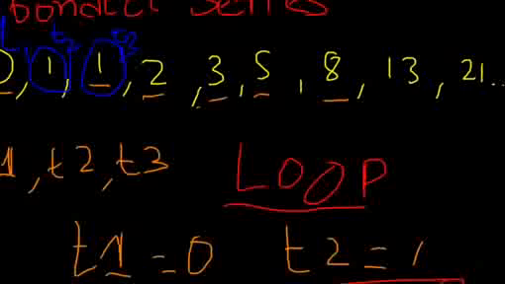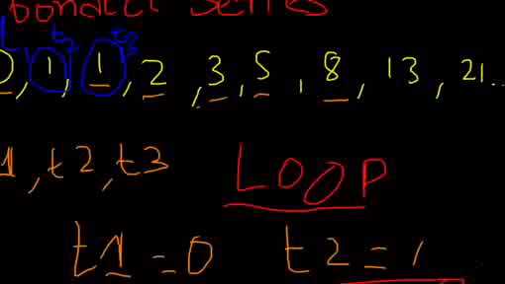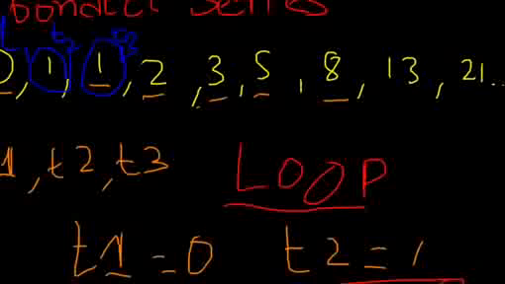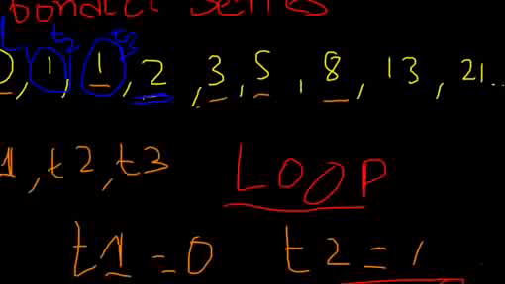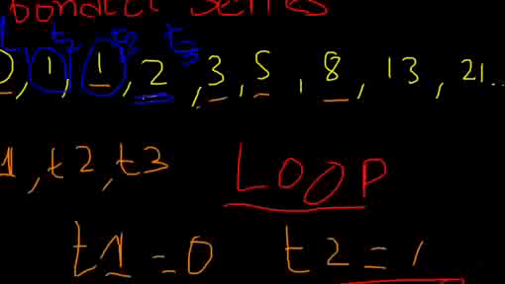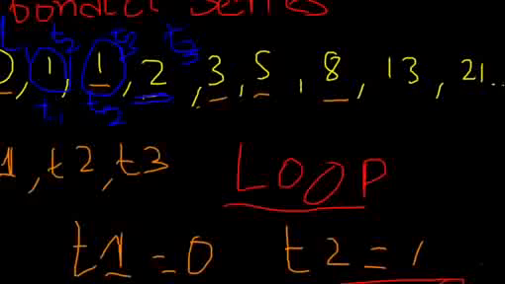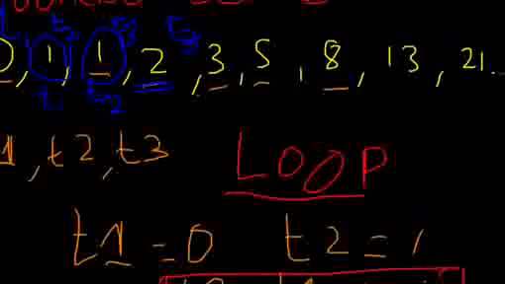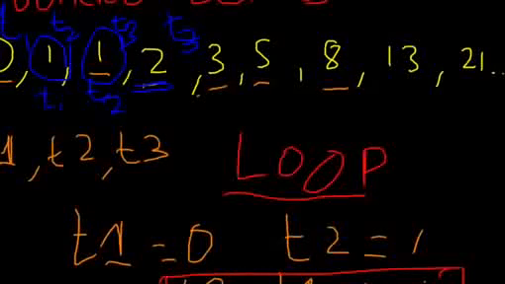What happens to T2 and T1? Well, for the next number, for 2, this becomes T3, this becomes T2, and this becomes T1. So essentially T2 has shifted one place ahead.